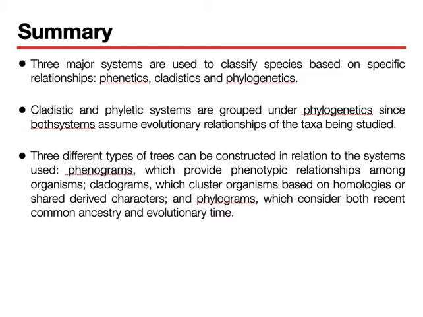And depending on the type of system that we are using, we are able to generate different trees. So phenogram, phenotypic relationship lang siya. Cladogram, meron siyang evolutionary relationship na na-establish based on shared derived characteristics. But for phylograms, kinoconsider nito both ang common ancestry as well as evolutionary time.